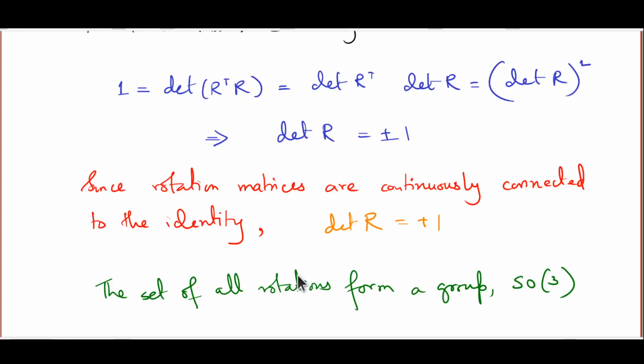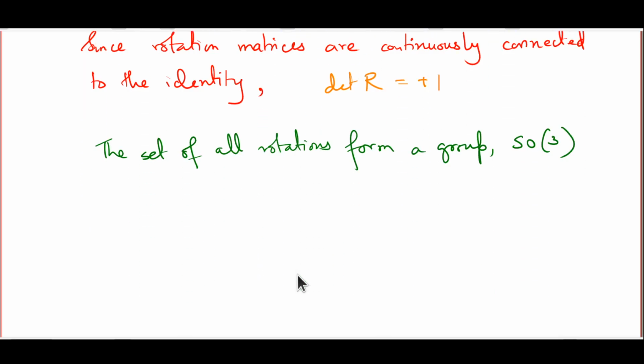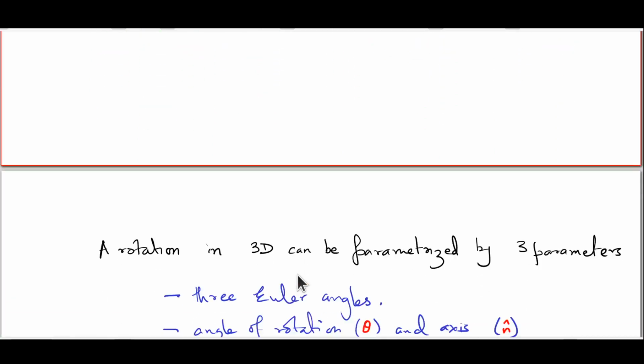Now, as you all know, a given rotation can be parametrized using 3 parameters. What precise set of 3 parameters to use is really not predetermined. There are many different possible choices and you can use the one which you like best. But you already are aware, I'm sure, of some of these possible parameterizations.